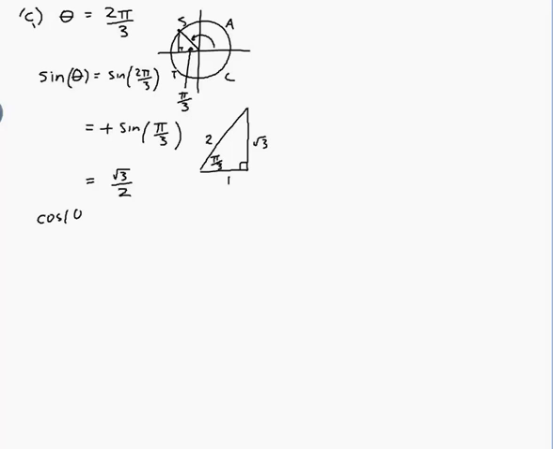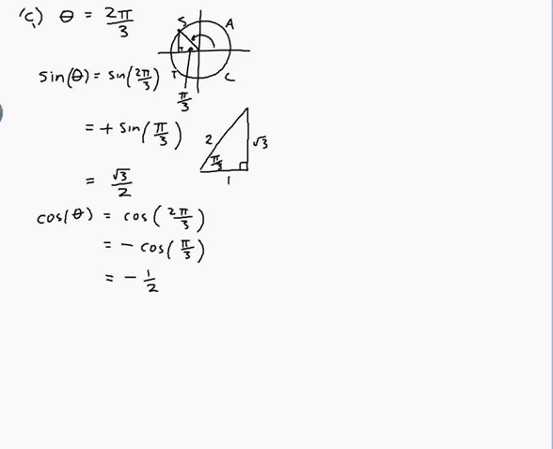Cos of theta is equal to cos of 2 pi on 3, which is cos of pi on 3, because pi on 3 is the angle in the triangle that I've drawn in the unit circle. And let's just check. Sine is the only positive one in the second quadrant, so it must be minus cos of pi on 3. So we get minus cos of pi on 3 would be adjacent over hypotenuse, which would be 1 over 2.